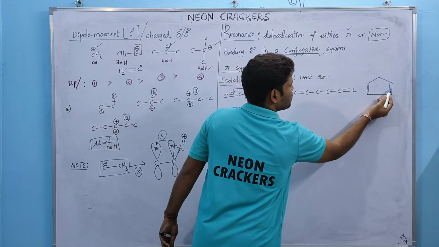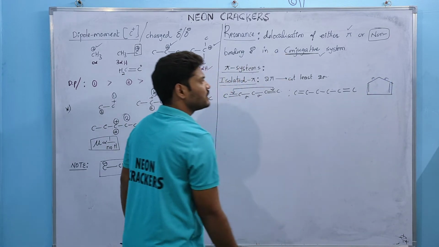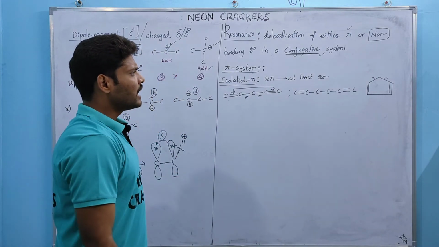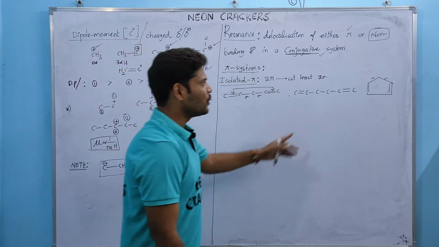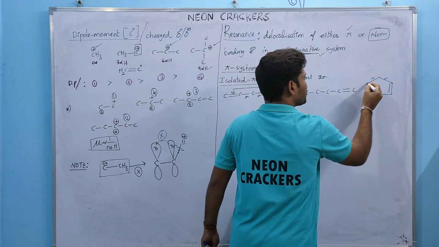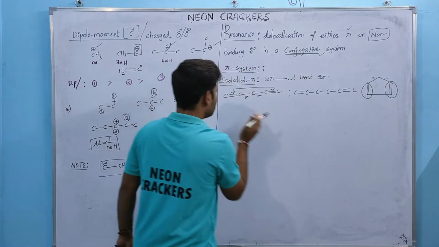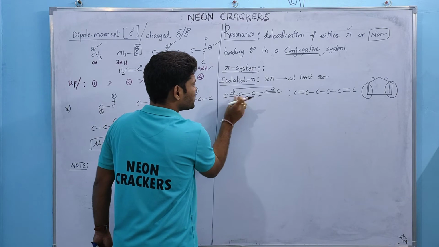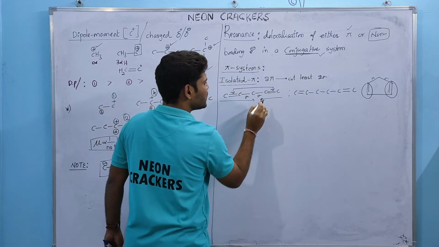Now this pi bond is separated by two sigma bonds. So yes, it is also isolated? Yes or no? No. In a cyclic system, you must be careful here. In cyclic, two propagations are there. This double bond has a single direction, in this direction only.